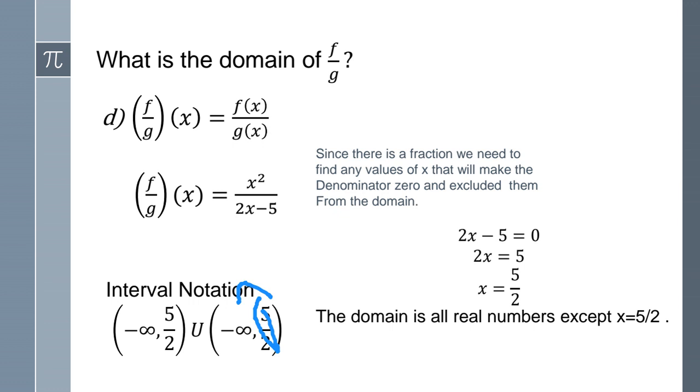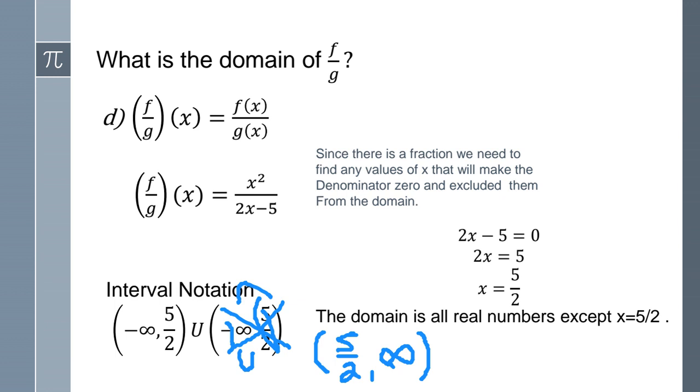So it's 5 halves, comma, to positive infinity. Let me X this out better. So the answer is negative infinity to 5 halves, union from 5 halves, to positive infinity. This is what's supposed to be, okay? All right, so this is my answer in interval notation.